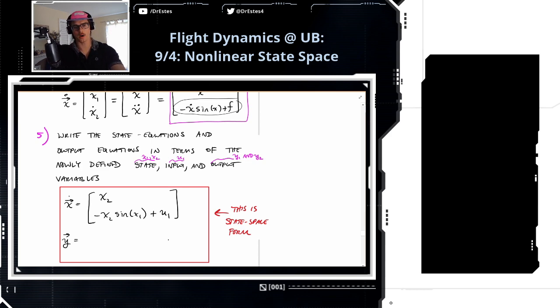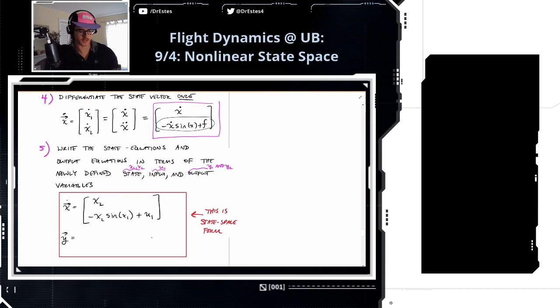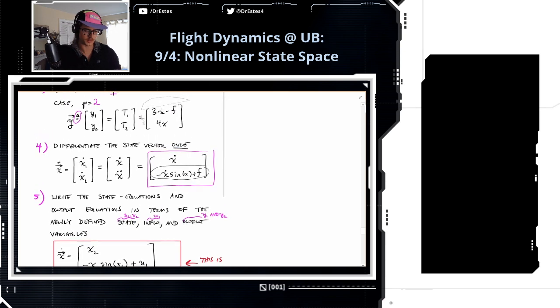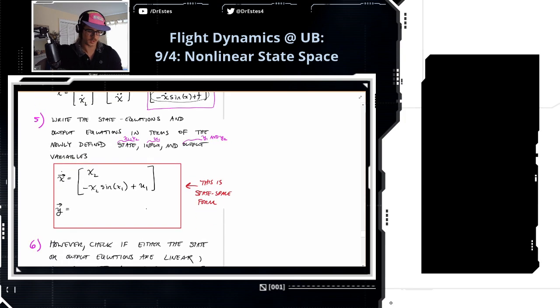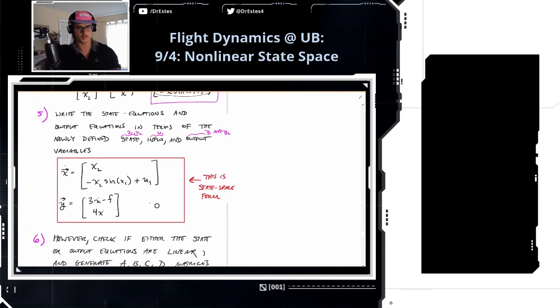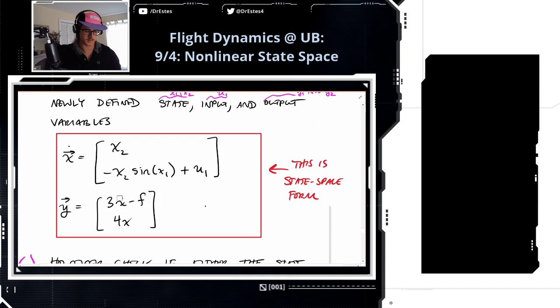Let's do this also with the output vector, which I have to keep reminding myself what it was. Okay, so maybe we'll just copy it, and paste it, but we will replace these variables. So x dot is x2, f is u1, and x is x1.